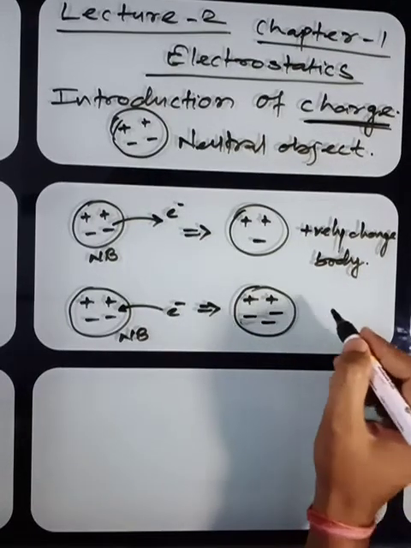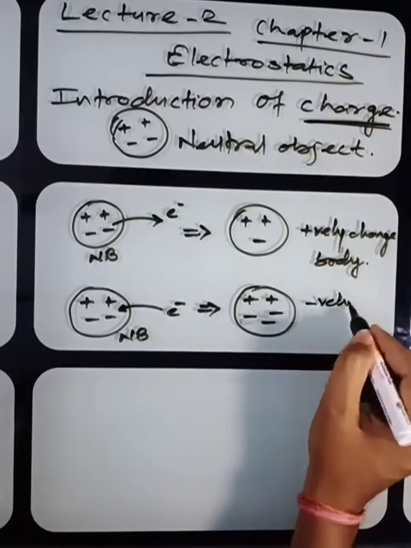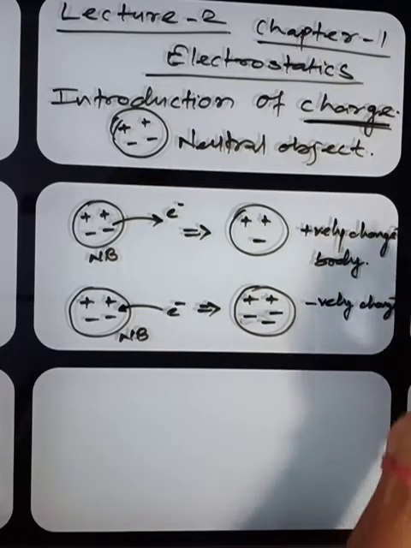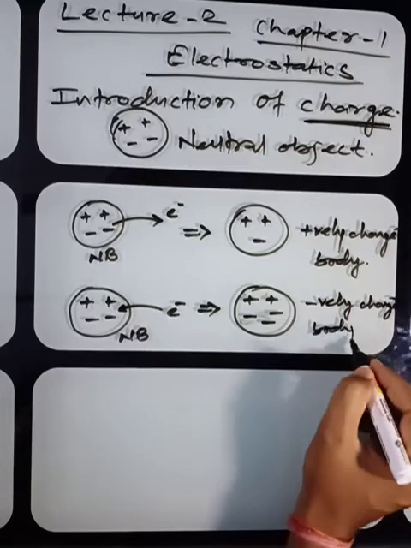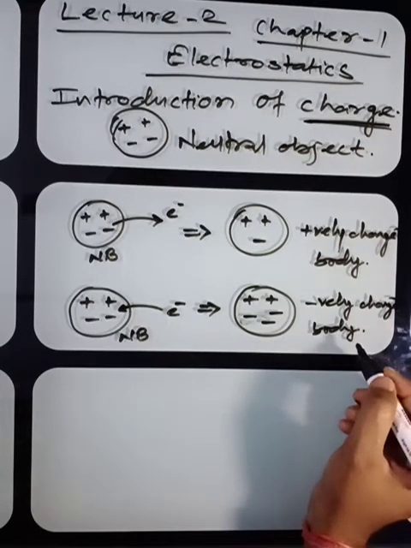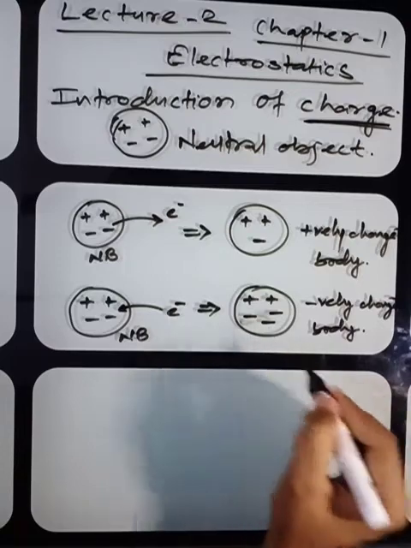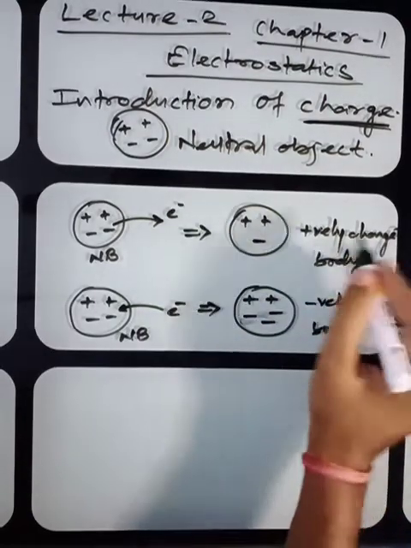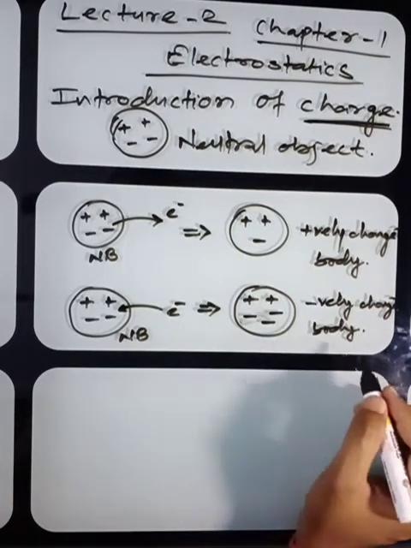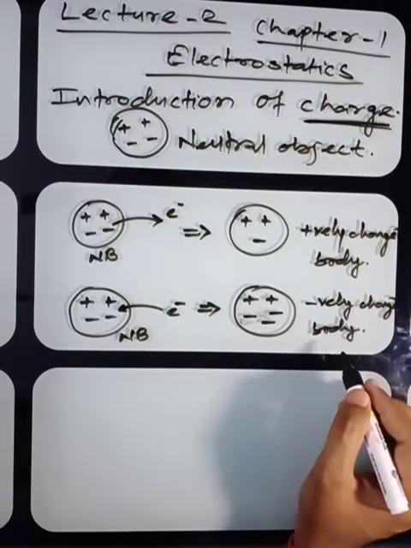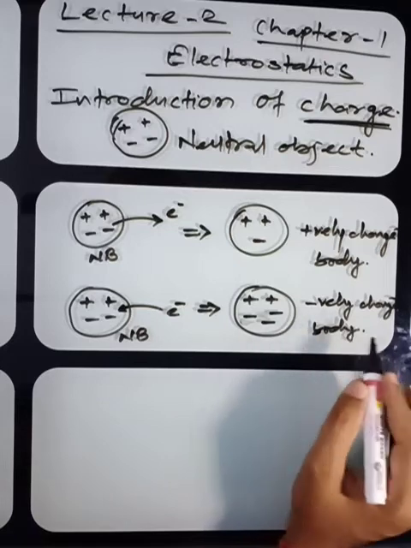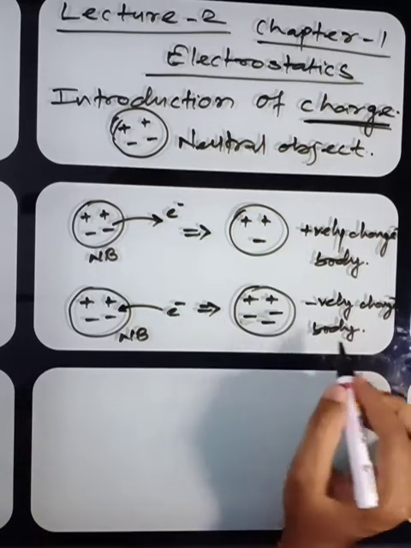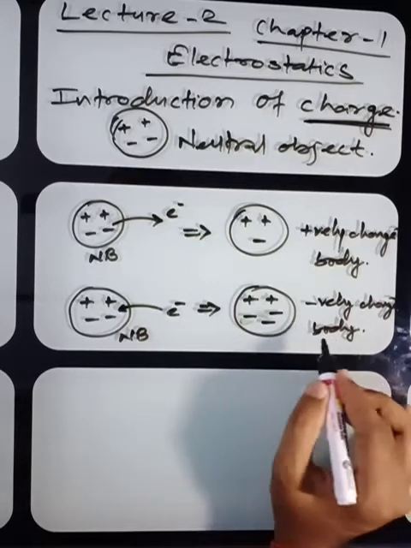Now, this body will be considered as negatively charged body, because now this body has excess of electron. So this is the basic meaning of charge. You have studied in very detail the meaning of charge, positive charge, negative charge. I am not going in detail about the types of charges.